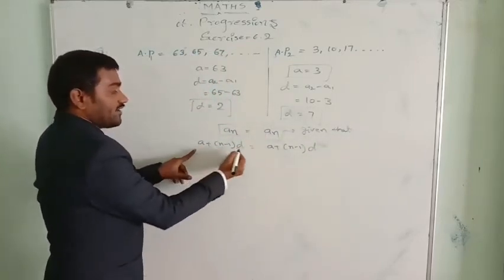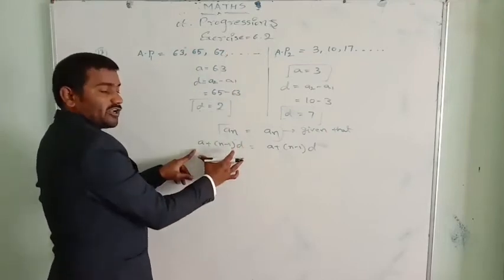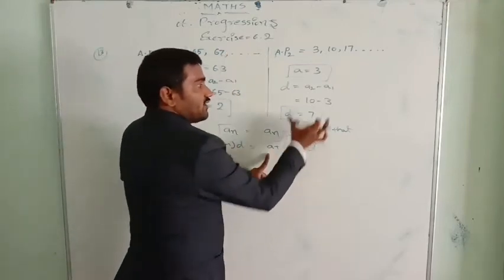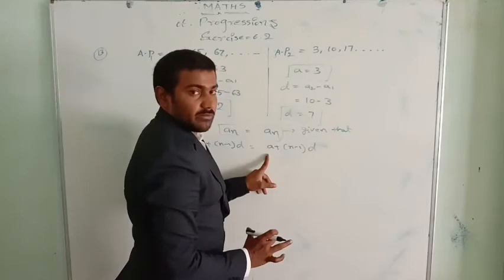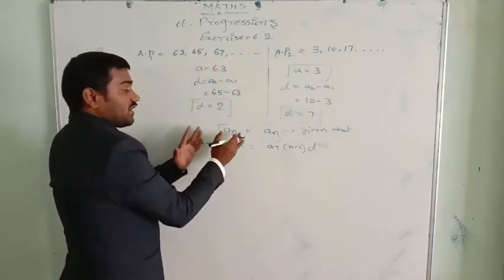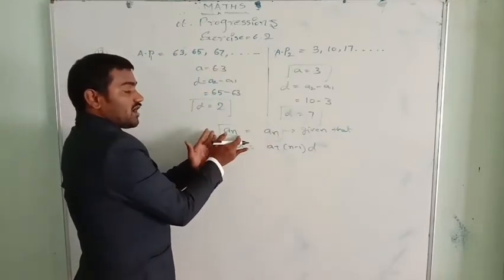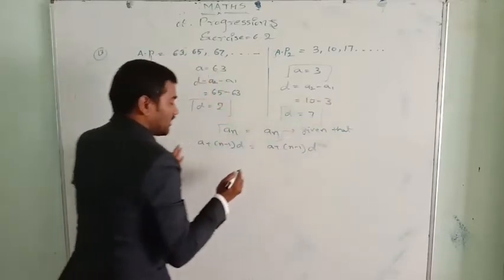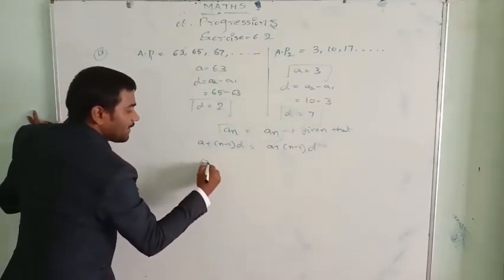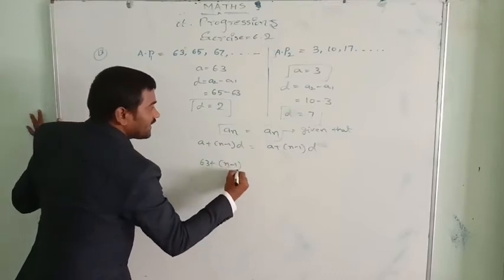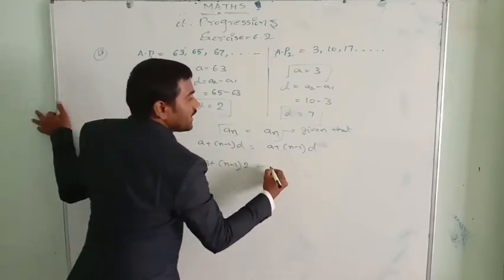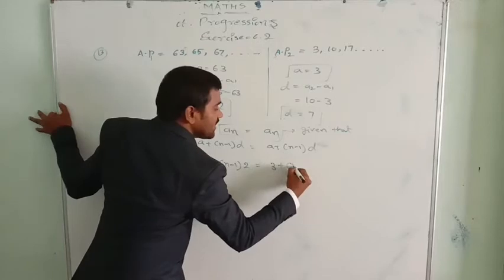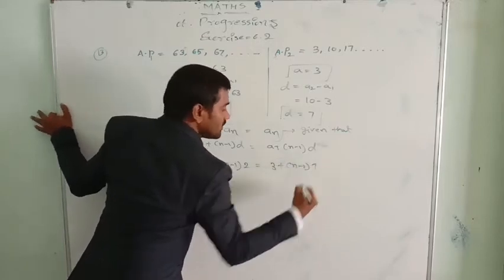So we need to substitute the a and d values of arithmetical progression number 1 and of arithmetical progression number 2, because their nth terms are equal. The nth term of the first progression equals the nth term of the second. The first has A value 63 plus (n minus 1) into d value 2. Here the a value is 3 plus (n minus 1) into d value 7.